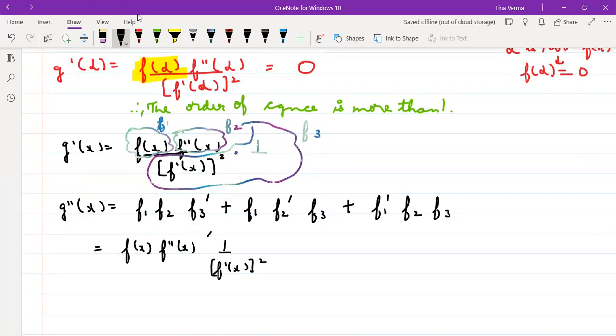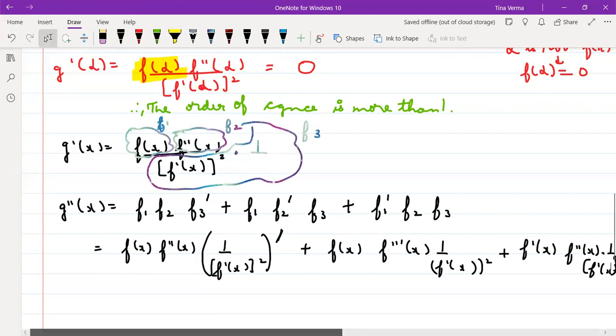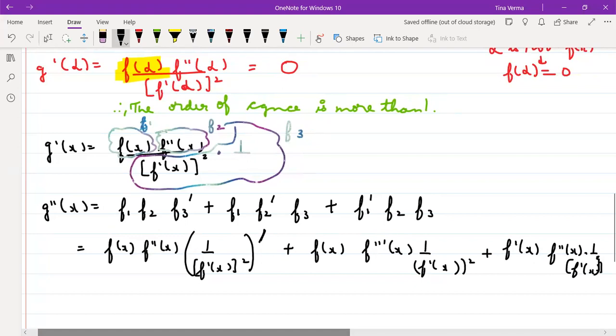So here f of x, f triple dash x, and f3 as it is, 1 upon f dash x whole square, plus the first derivative f dash x, again f double dash x, and the third function as it is, f dash x whole square.